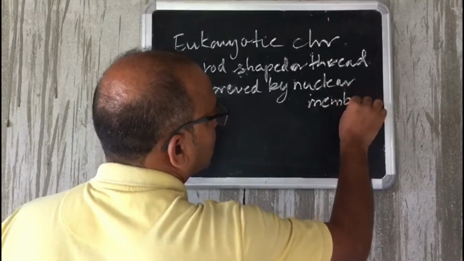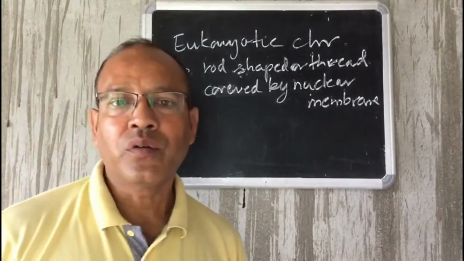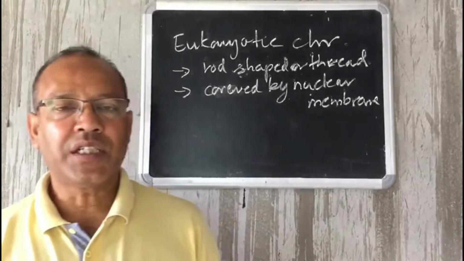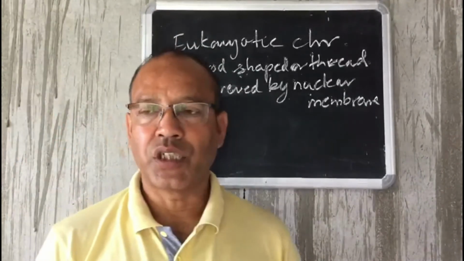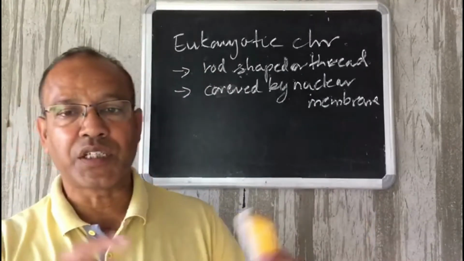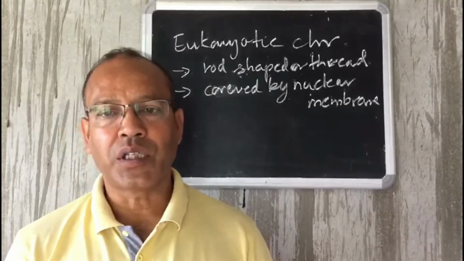This we already know. In the case of eukaryotic cell, a clear, well-defined nuclear membrane is present. That means the nucleus is present. Whereas in the prokaryotic chromosome, there is no nuclear membrane. So in that case, the nucleus is called the nucleoid.